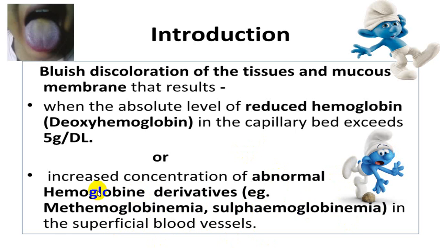This, because of abnormal hemoglobin, is also called endogenous cyanosis, and it is also described as pigmentary cyanosis because it is because of abnormal pigments, that is hemoglobin pigments, that is giving rise to cyanosis.